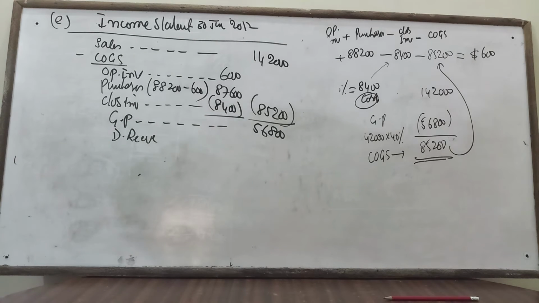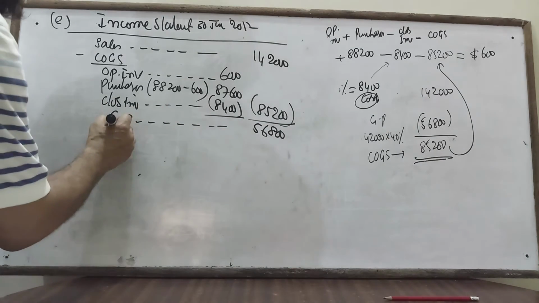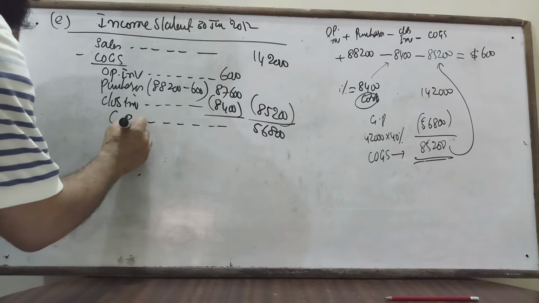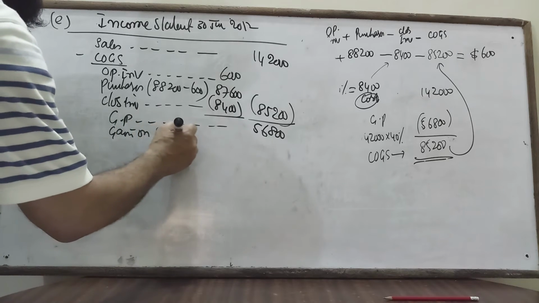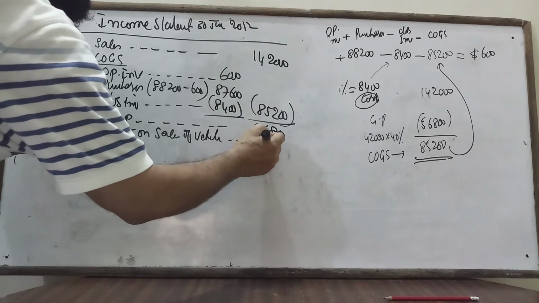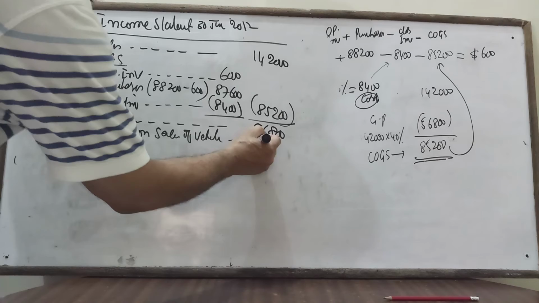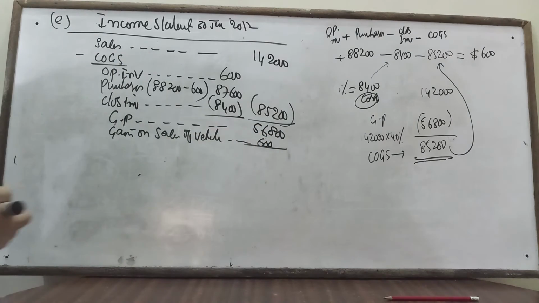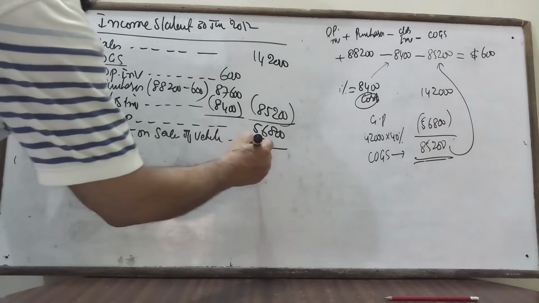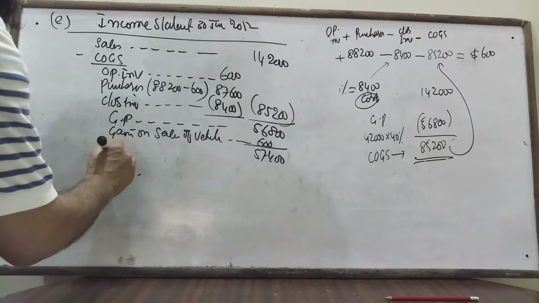We don't have discount received here, but we have the gain on sale of vehicle, $600. That gives 57,400. After all, we have to subtract expenses.